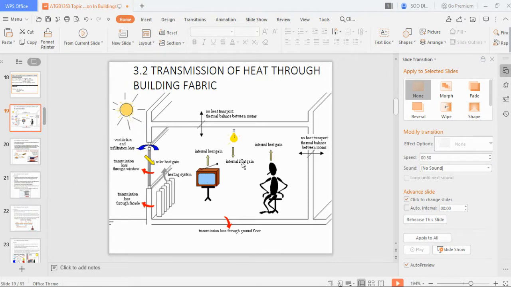If you don't have this technology in your room to cool down or increase the temperature, natural ventilation will always try to reach equilibrium with the outside temperature.